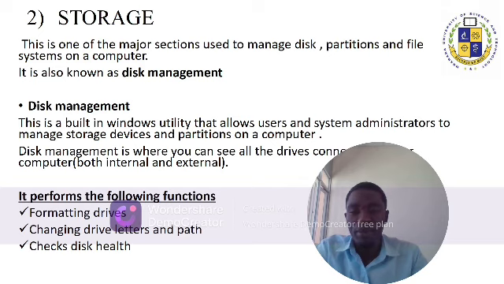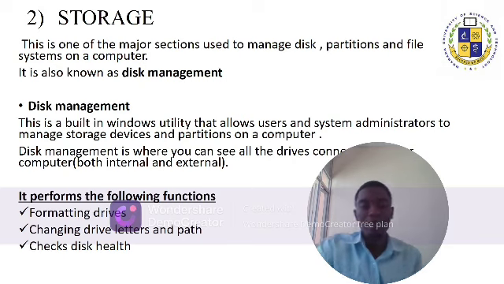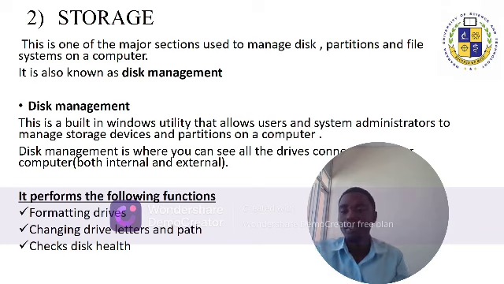They are not mentioned here, but maybe you can get a pen or paper and write them down. The first one is view disks or partitions. This is where you see all your drives.